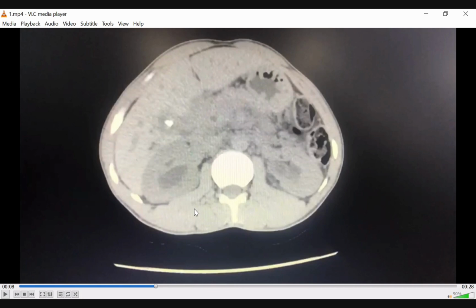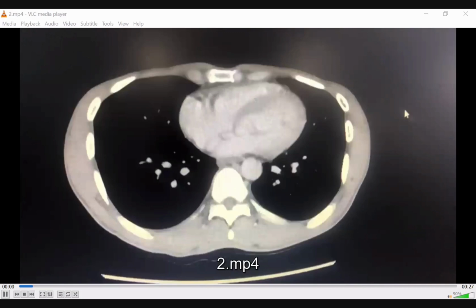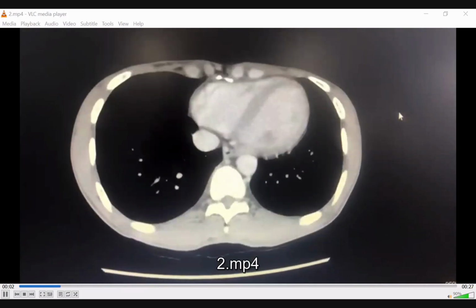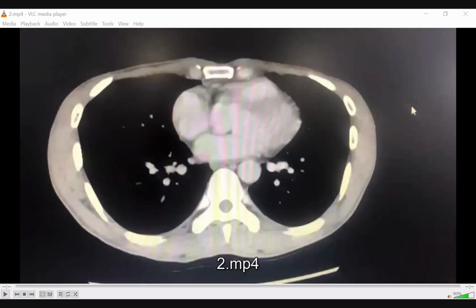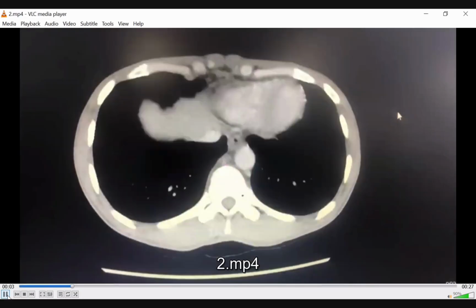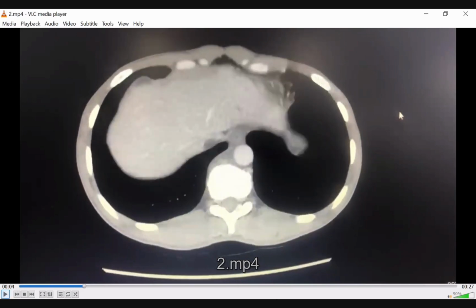Can move to the arterial phase. No, whatever is the sequence you have next. Can you see any bowel? Okay, doesn't matter. Go up. Show that liver again.